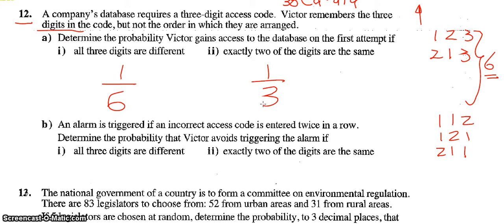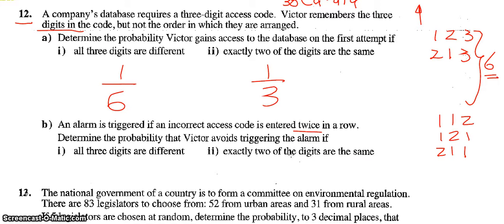That's the probability. An alarm is triggered if an incorrect access code is entered twice in a row. Determine the probability Victor avoids triggering the alarm if all 3 digits are different. So to avoid triggering the alarm, in what circumstances won't he trigger it?